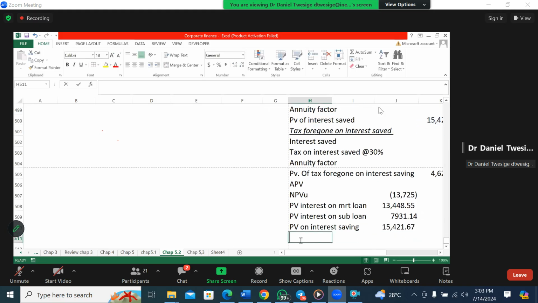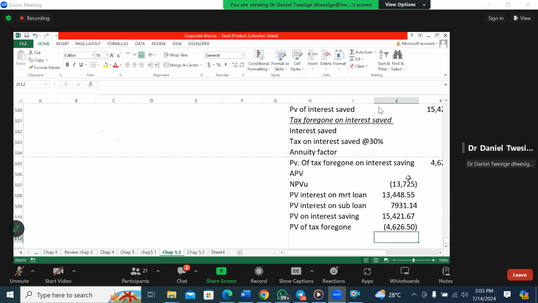We have a PV of tax foregone, which is a cost, and it's going to be this one. So my APV will be this.